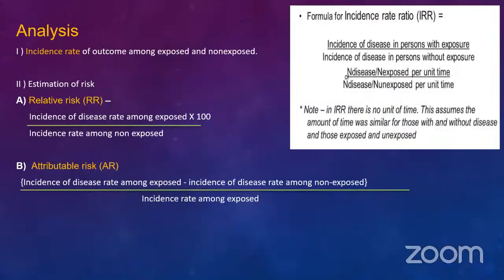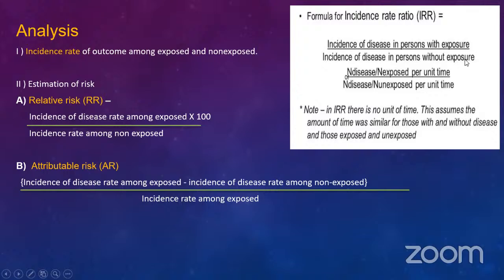So there are two, three parameters we can identify from a cohort study. One is the incidence rate. Incidence rate is the rate of outcome among the exposed and the non-exposed, that is, the incidence of disease in people with exposure and in people without the exposure.